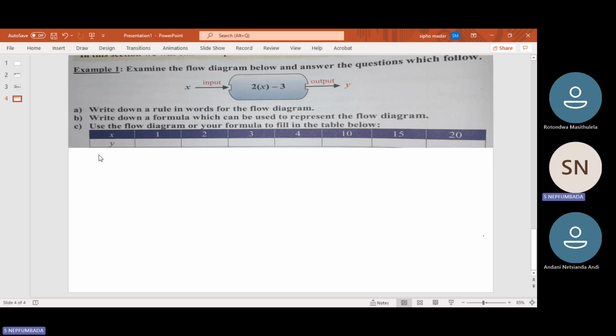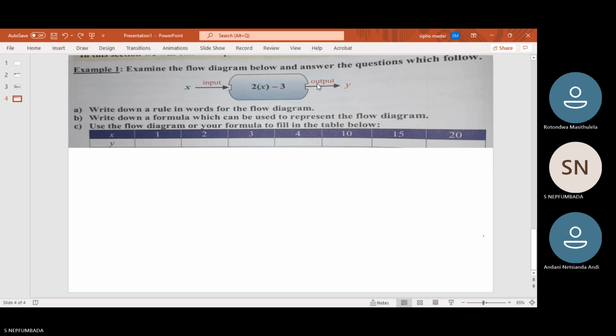Can you see? So we are given this. If we substitute any value where there's the x, we get y. Is that so? X is the independent variable.